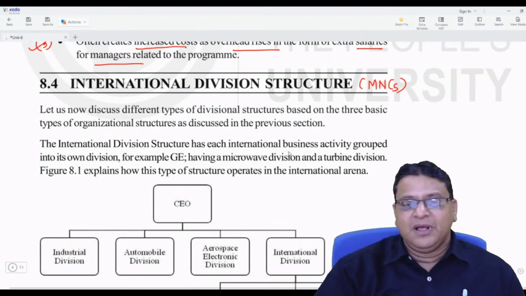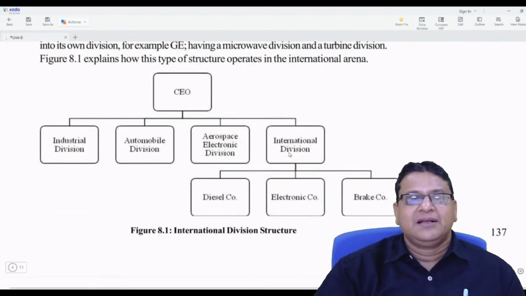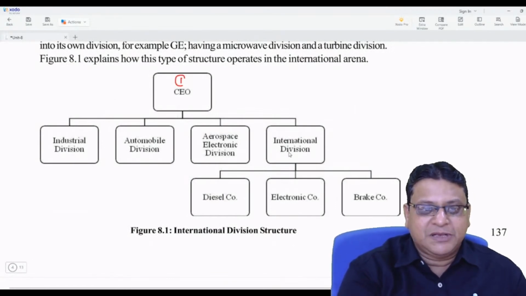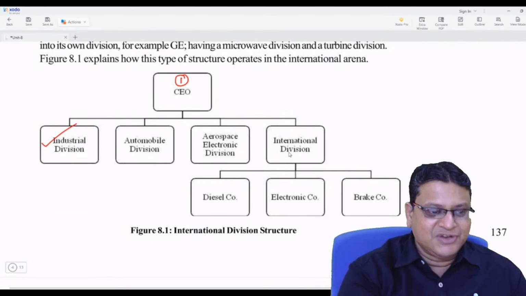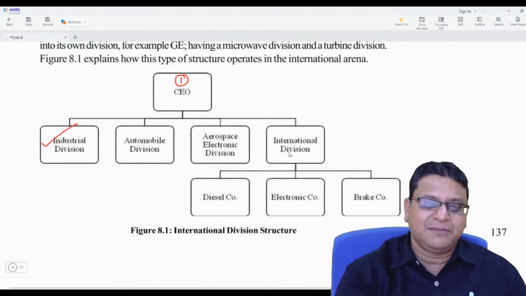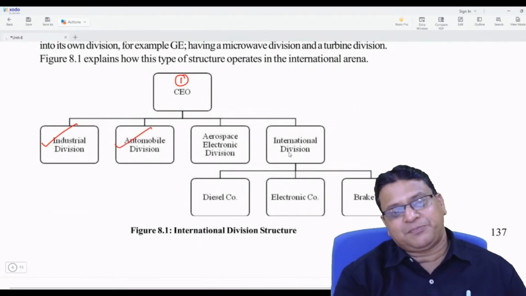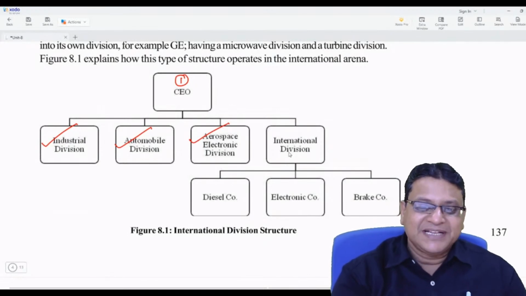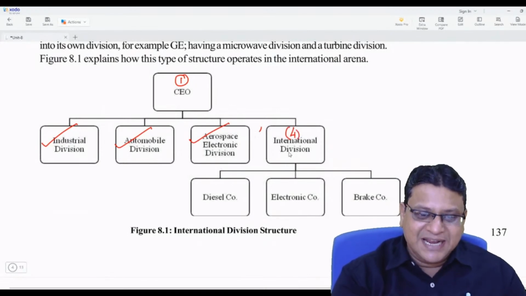Let's take an example of how it is done. This is the CEO of the company, and he looks after the industrial division. The industrial divisional manager reports to him. Then the automobile divisional manager reports to him. The aerospace and electronic divisions report to him, and he will have a separate division known as the international division.